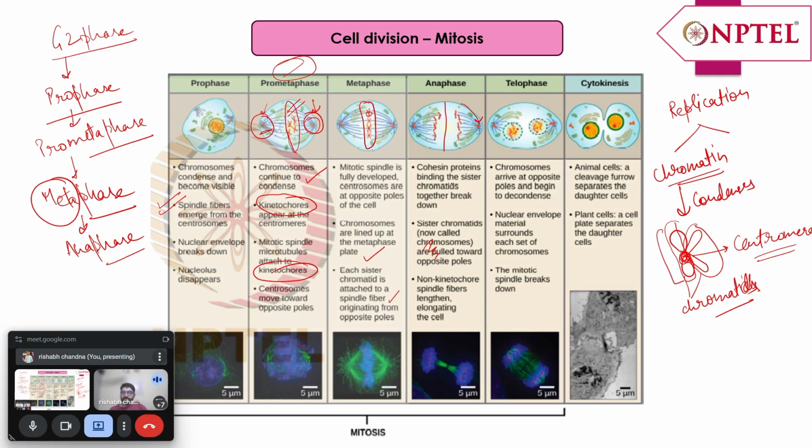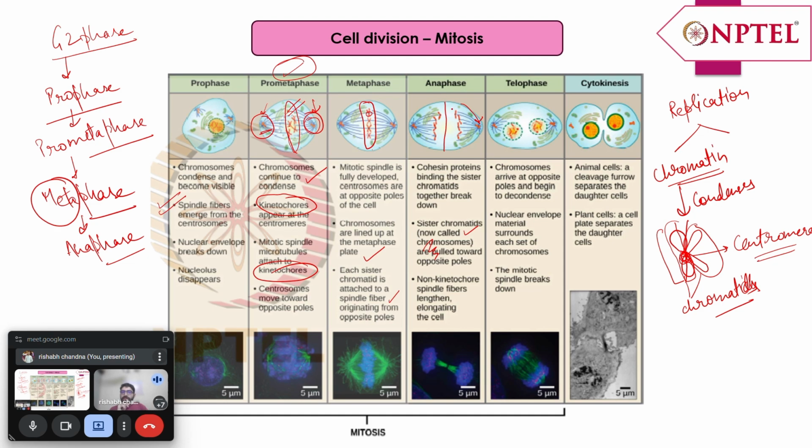The cohesin proteins, which are part of the centromere, break down, so that the sister chromatids are separated into two chromosomes. Then they are called chromosomes.